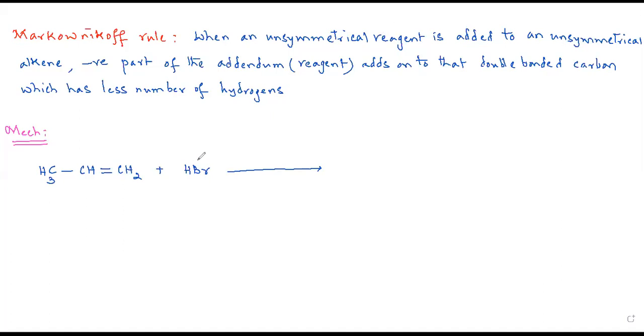Now we'll have two options. Let us first consider H plus, Br minus. One way is to go for this. Let this be the first possibility, possibility A. Let me write what happens.